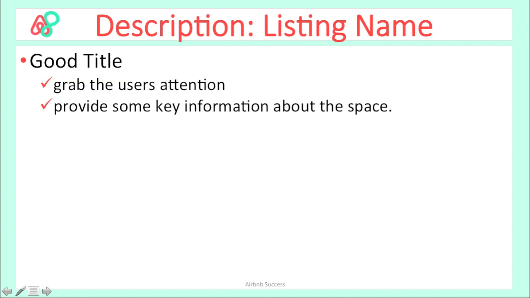So start brainstorming and thinking what the name of your listing is. It's similar to the headline of a blog or a publication. It needs to attract a browser to click on your listing and read more. A good title should accomplish 2 goals: grab user attention and provide some key information regarding the space.